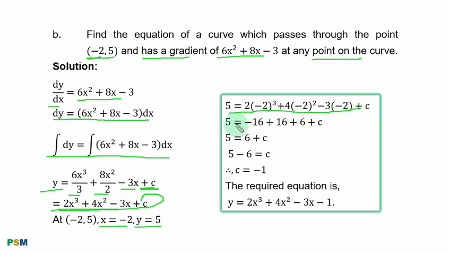When you simplify, you have this and this, then 5 minus 6 equal to c. Therefore, c is equal to minus 1. The required equation is, coming back here, you replace c with minus 1, you have this result.